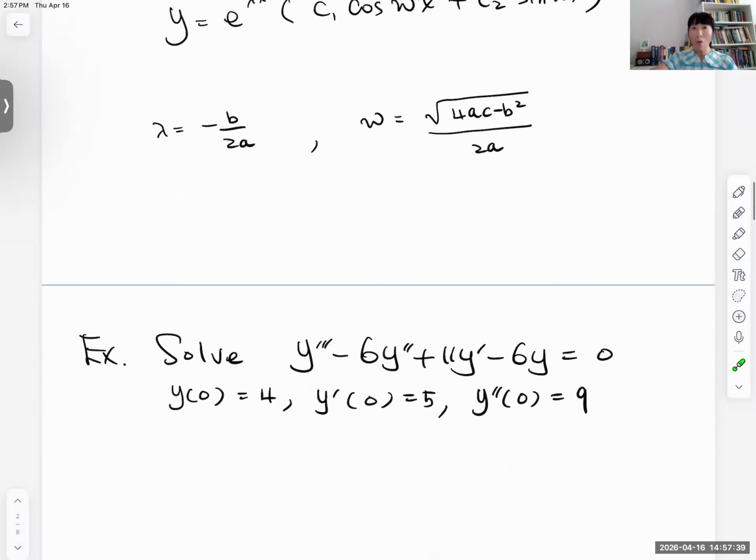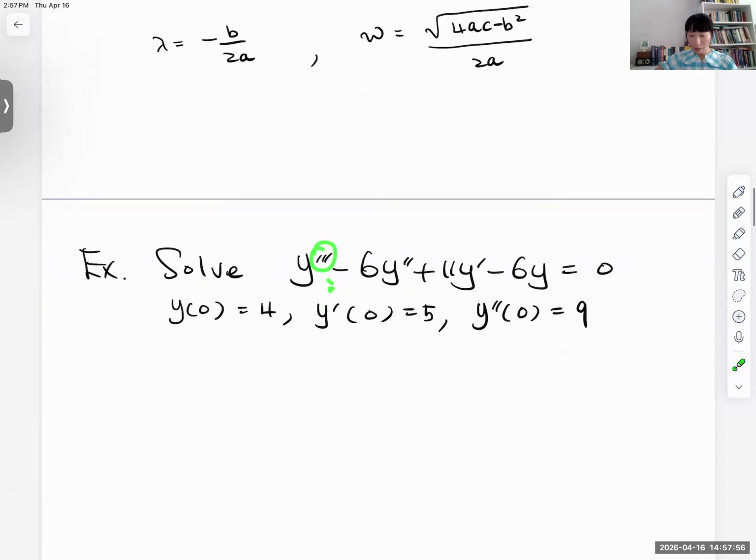So let us do this question. Solve. Aha, in this case it's not a second order equation. This is a third order equation. Can you see that? Triple prime: y''' minus 6y'' plus 11y' minus 6y equals 0.